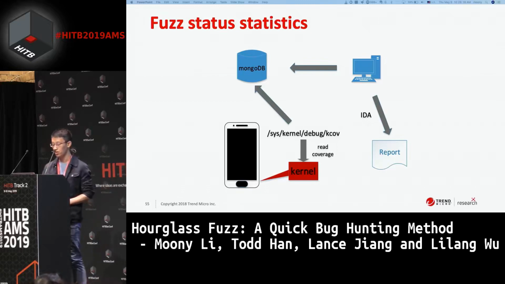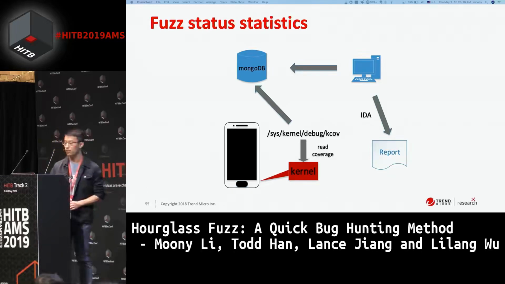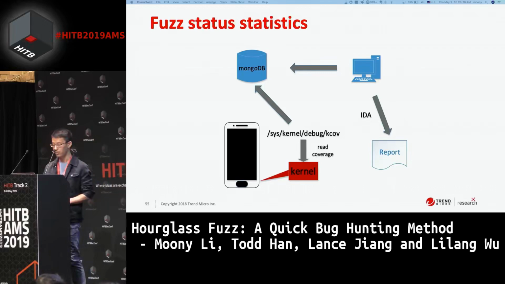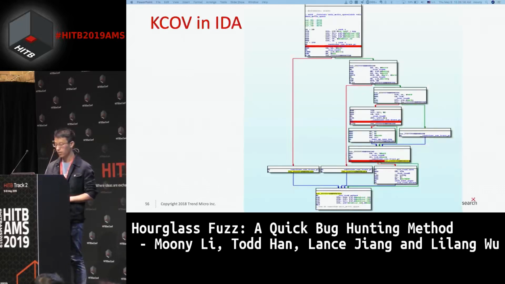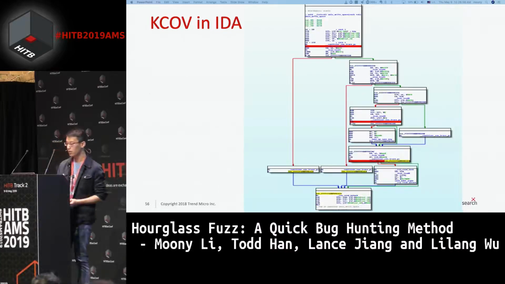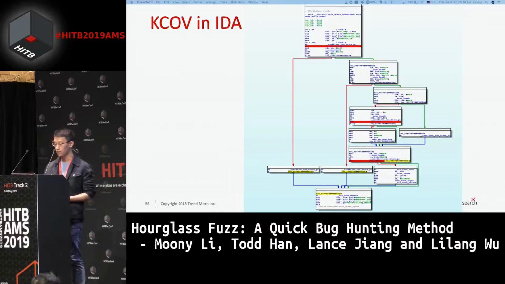It can help us change our strategies to get better performance, because if it is always or often in the same function panic, it will make our passive fuzz unable to continue to find other functions that may panic. This is what the coverage looks like in IDA.